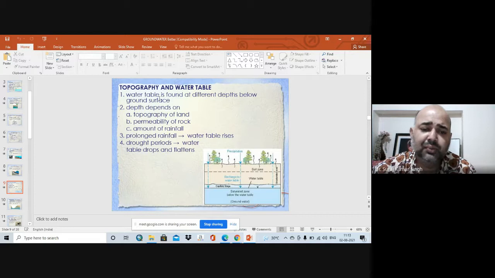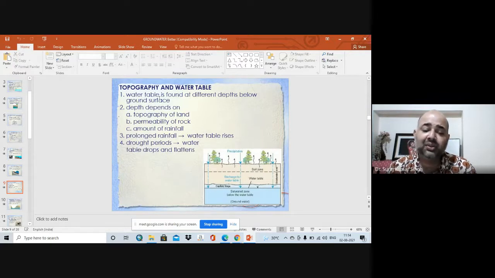So if you have prolonged rainfall, the water table rises. Generally, what you see nowadays is high rainfall on particular days, generating heavy rainfall, and that is why urban flooding in Maharashtra, Bangalore or different parts of the country is more recurrent.